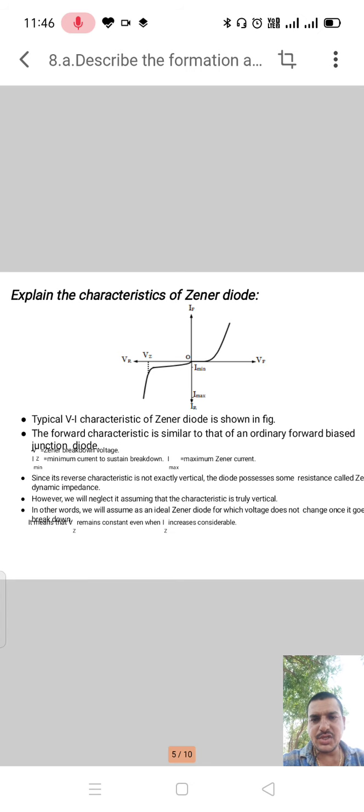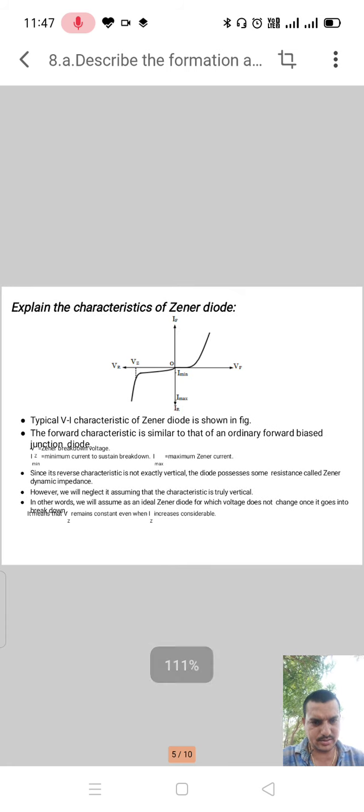Vz is Zener breakdown voltage. IZ minimum is the minimum current to sustain breakdown. IZ maximum is the maximum Zener current. Since its reverse characteristic is not exactly vertical, the diode possesses some resistance called Zener dynamic impedance.